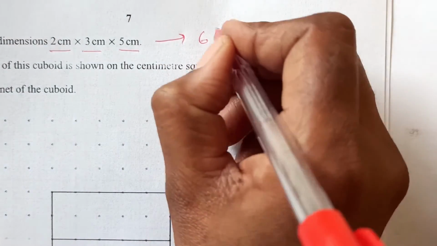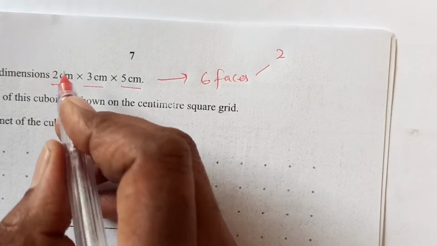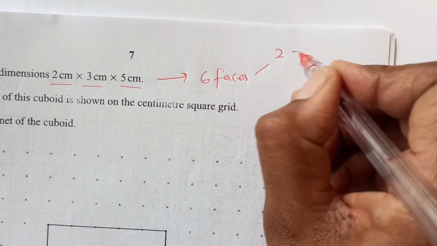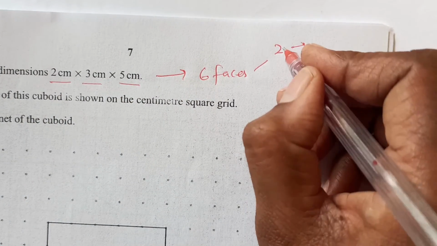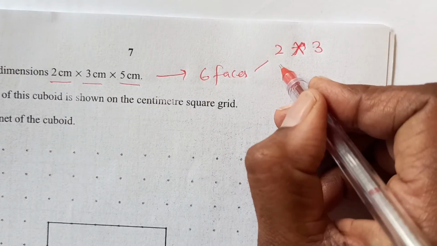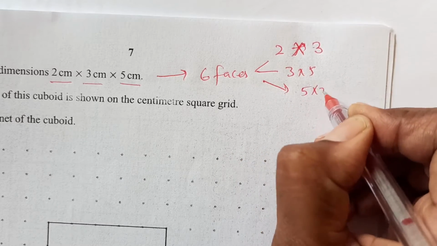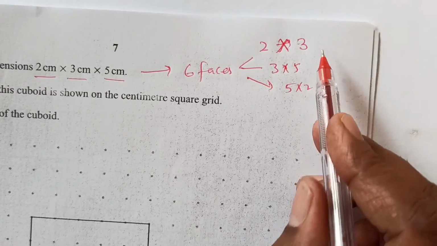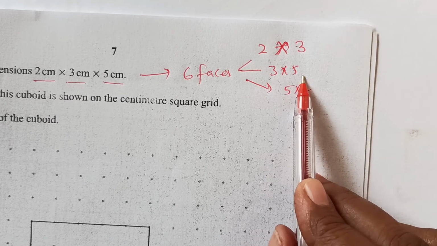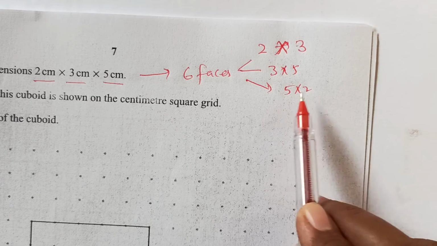Out of which, 1 is going to be 2 times 3 dimensions, 3 by 5, and then 5 by 2, right? So 2 faces of 2 by 3, 2 faces of 3 by 5, and 2 of 5 by 2.